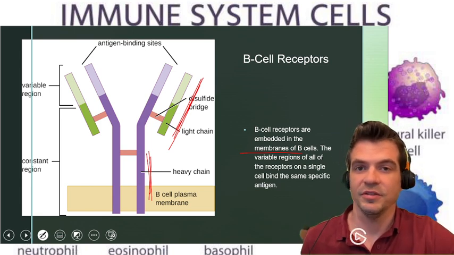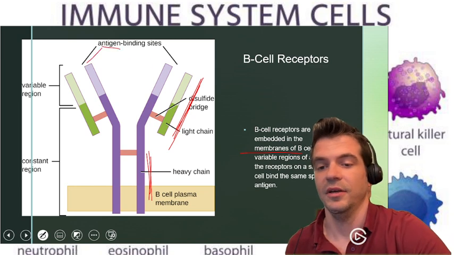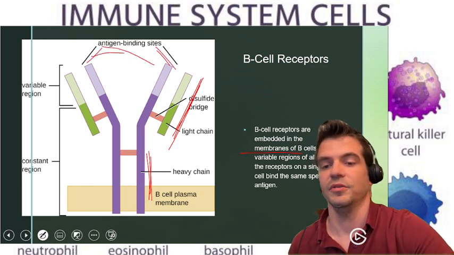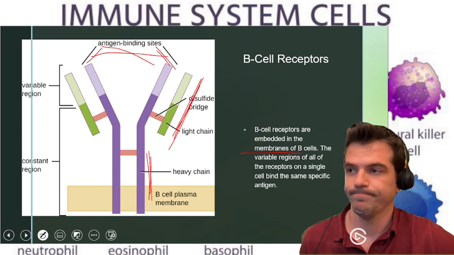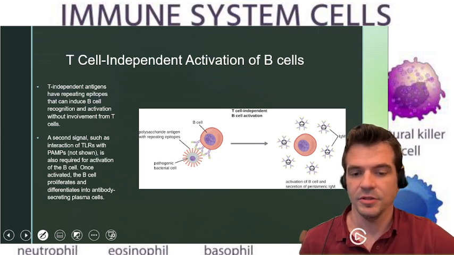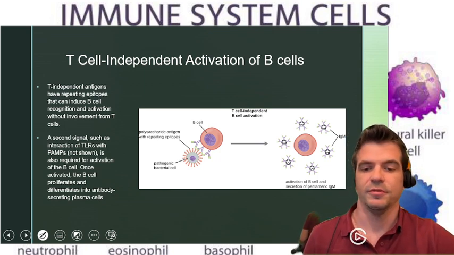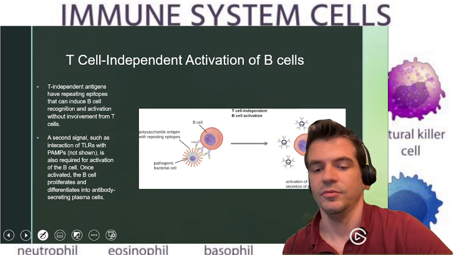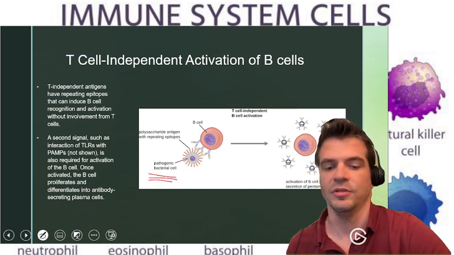Remember, antibodies are more free-flowing, but it does allow antigens to bind here, just like the antibodies. So those B cell receptors will encounter a bacterial pathogen, okay?